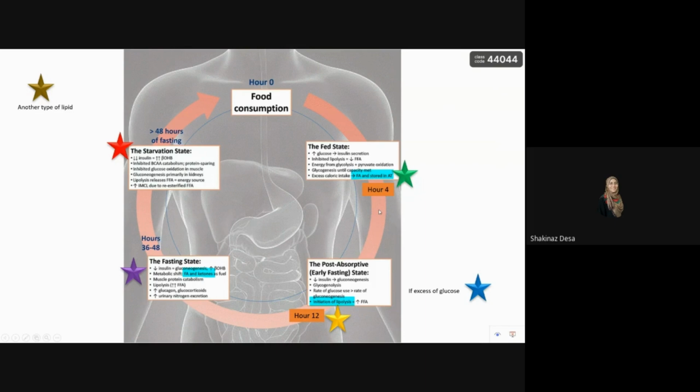After that, about 8 hours lepas tu dalam jam ke-12 macam tu here, hour 12, we entering the post absorptive state. Kita pun masuk kepada post absorptive state, early fasting.